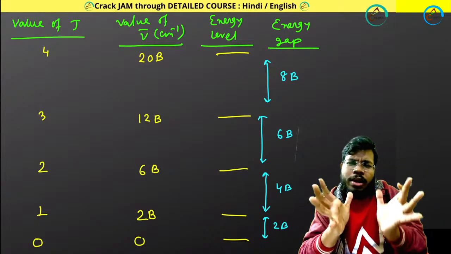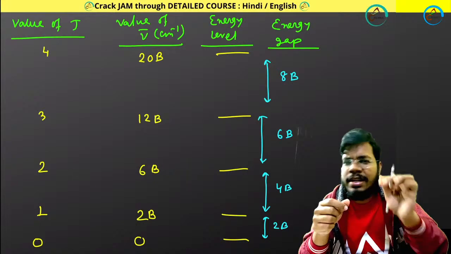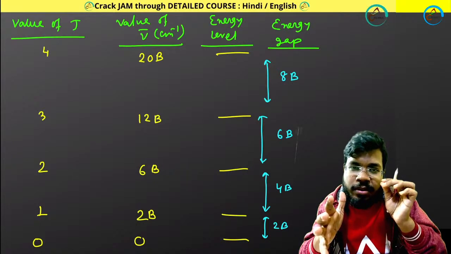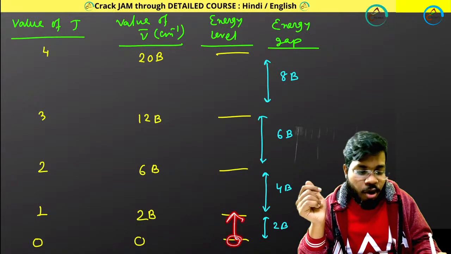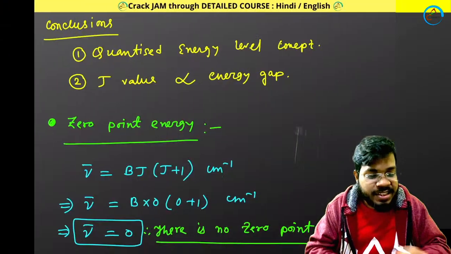There should be some rule. Based upon that rule, I will show where transition is possible and where transition is not possible, and that is called the selection rule.